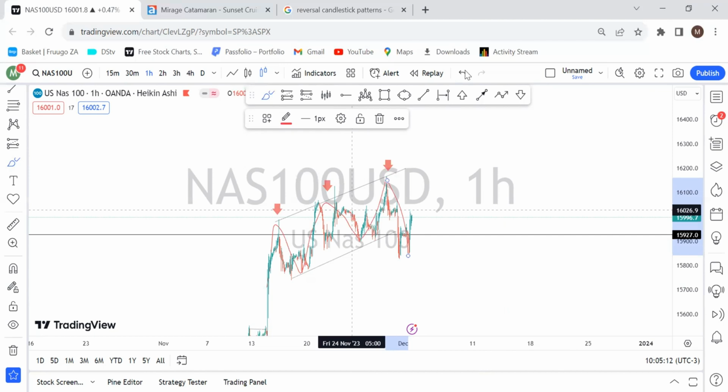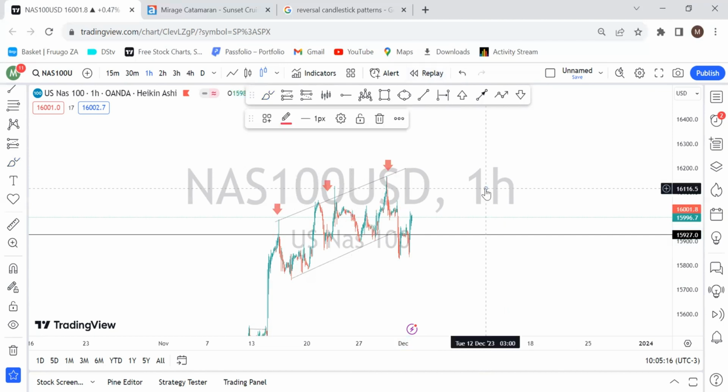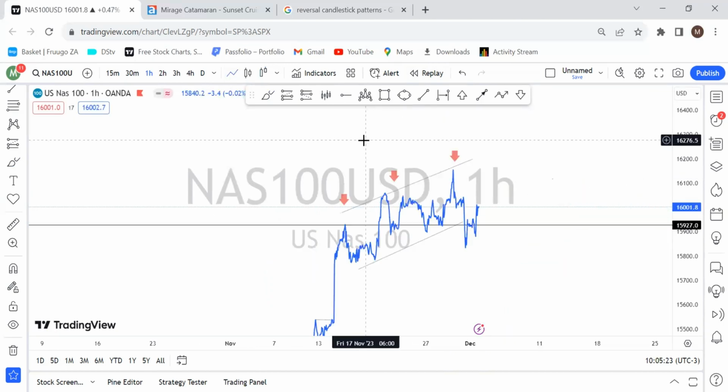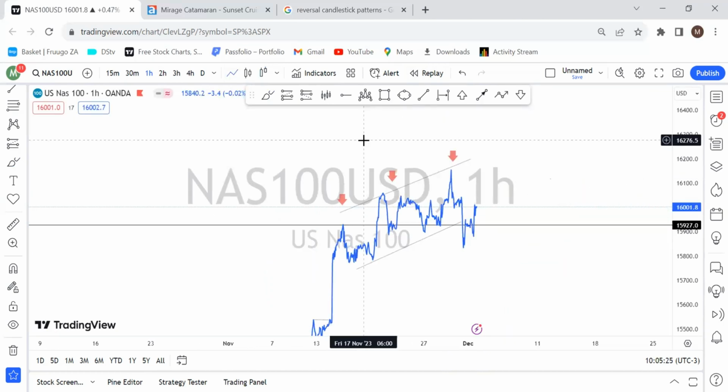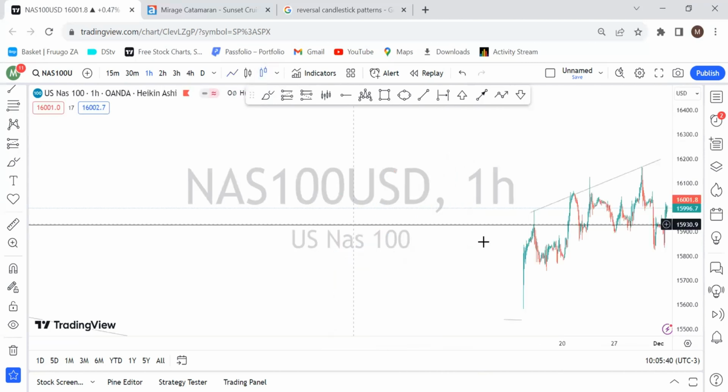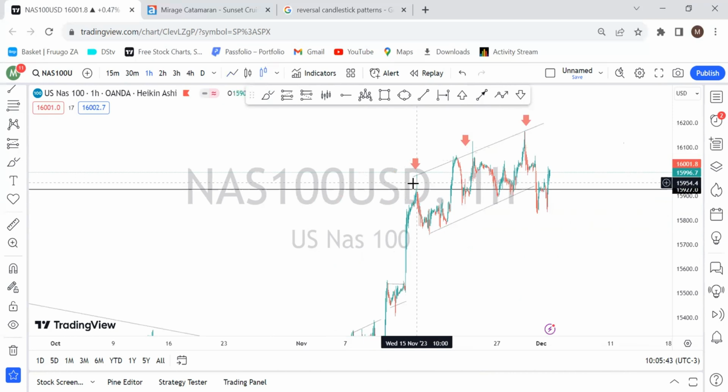So that's very important, but it takes a bit of practice, but it's something very important for you to figure out. But then you can also use a line graph. It will eliminate one of the touches, or try to eliminate one of the touches, because you remember this one was a clear touch. Let me just scale back to, you can see the first touch was this one by a wick, and the second one.